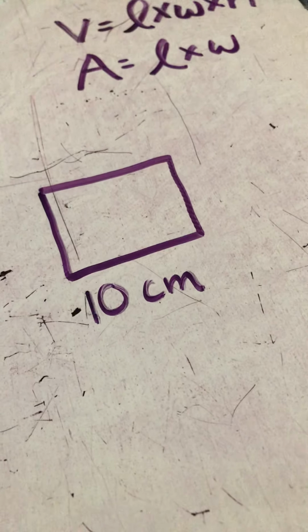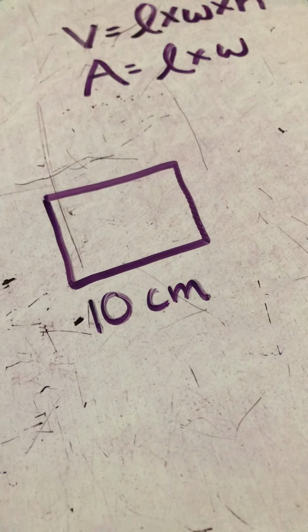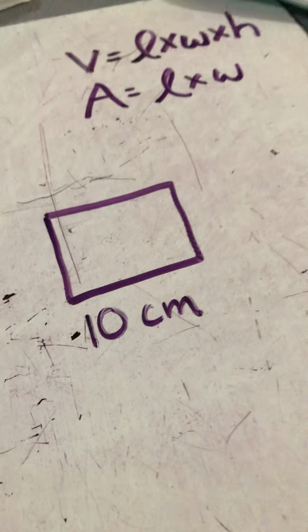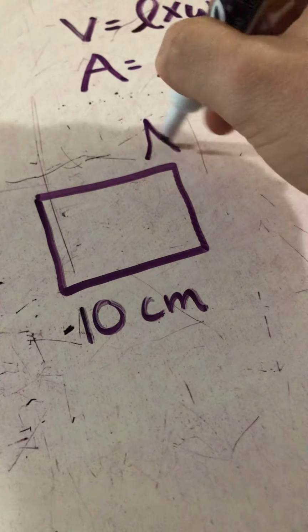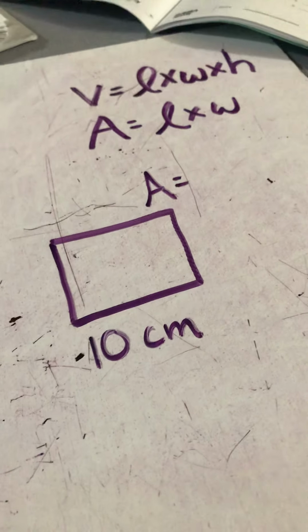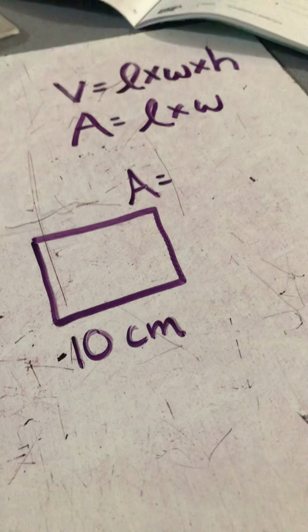If you remember the definition of a square from kindergarten or first grade, all the sides are equal. Go ahead, calculate the area of this square, pause the video, and once you have your answer, restart the video and I will show you the answer. Go ahead, pause.